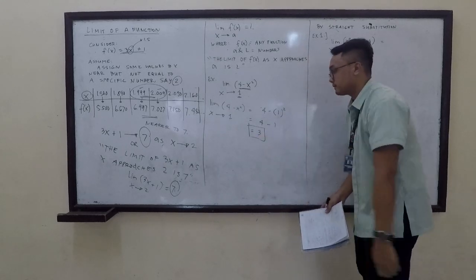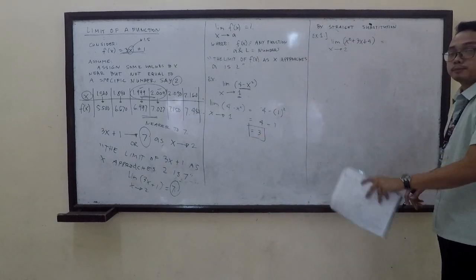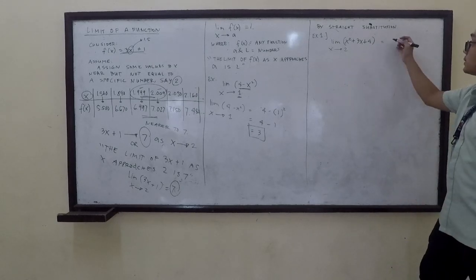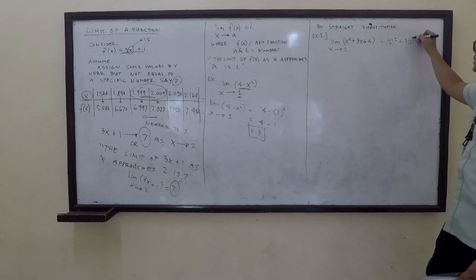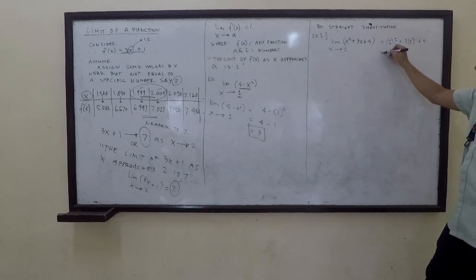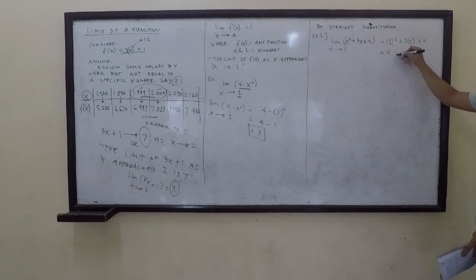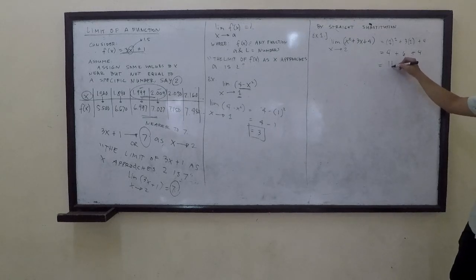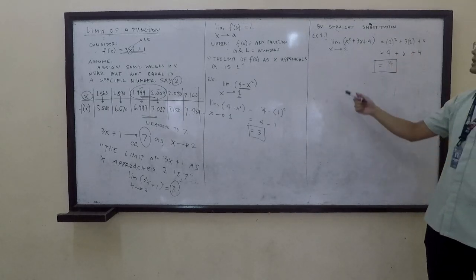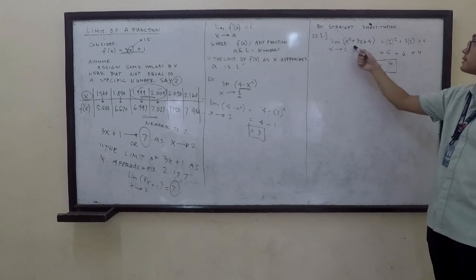So x squared becomes 2 squared plus 3 times 2 plus 4. So this is 4, this is 6, this is 4, so this is just 14. So this is now your limit of this function.